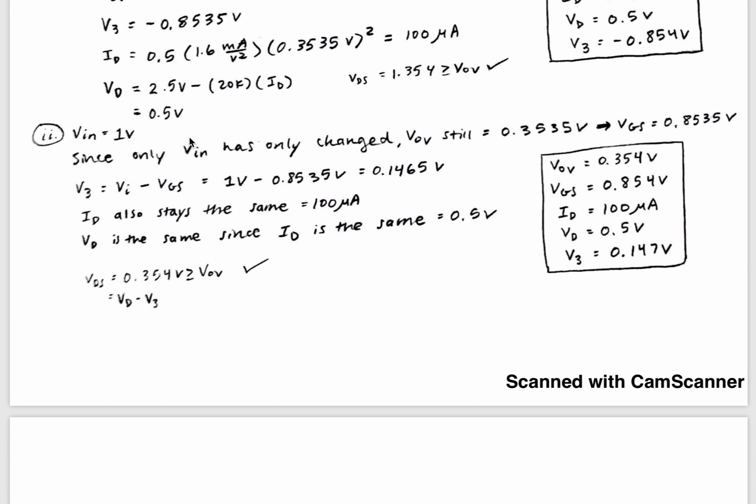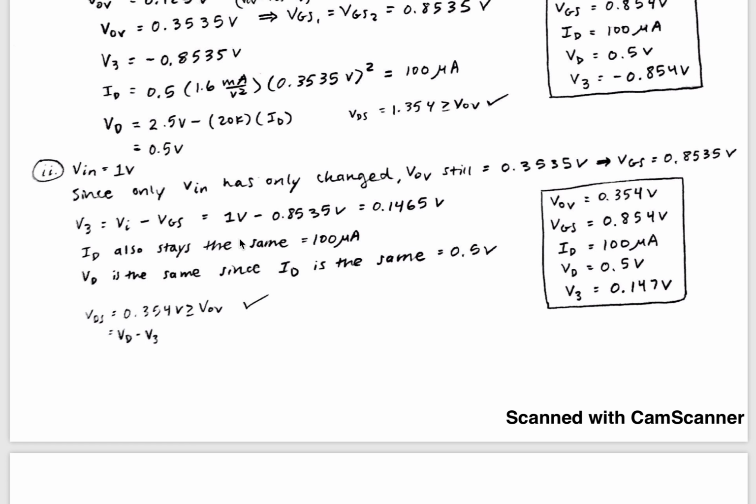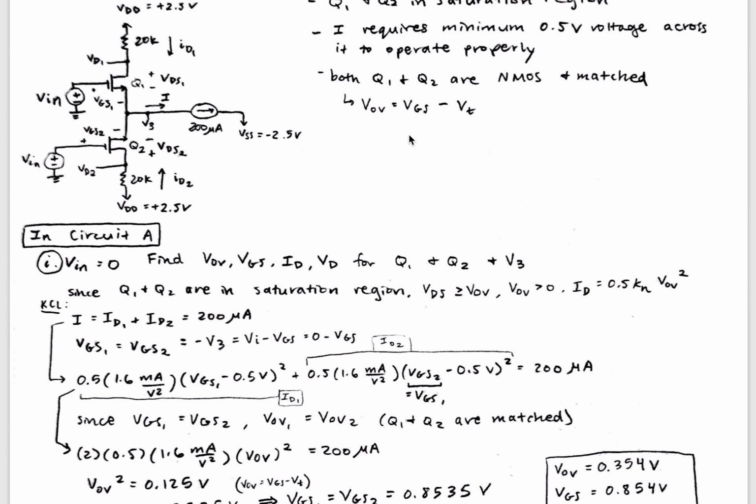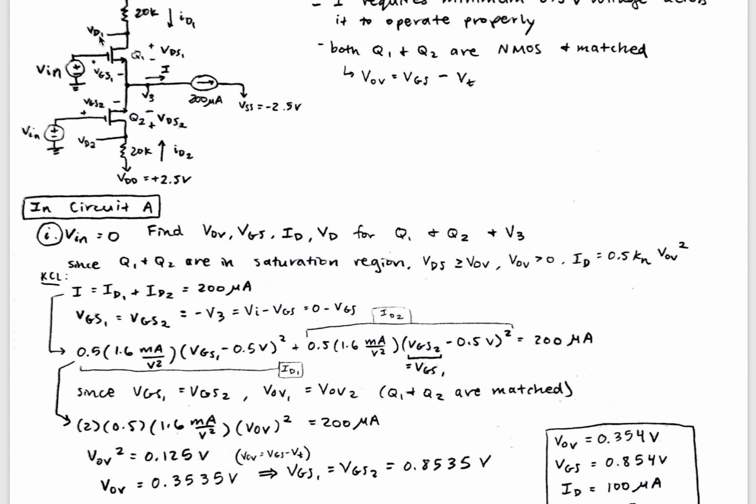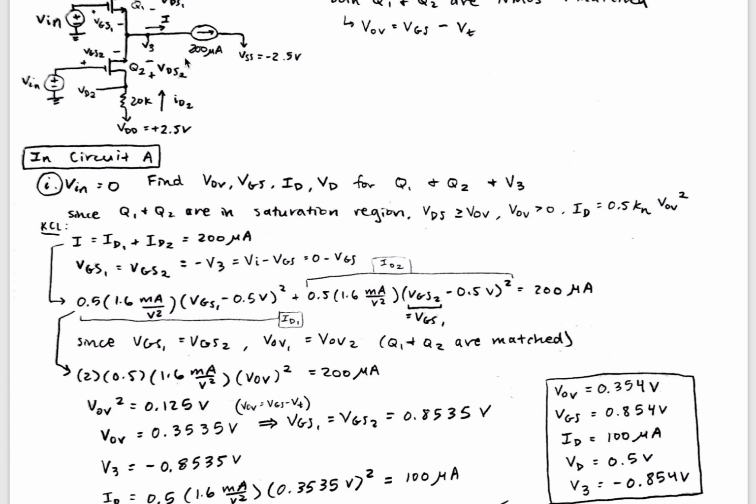Moving on to part 2, Vin is now 1 volt. So only Vin has changed, which means that VOV is the same, VGS is the same, and ID is the same, as well as VD. So the only values that change are V3 as well as VDS. From before, I've calculated the VDS value, which we can find simply by using VD minus V3.